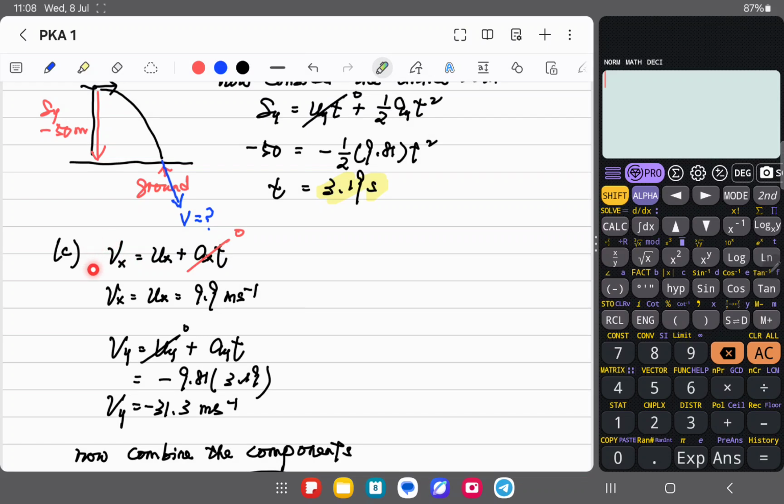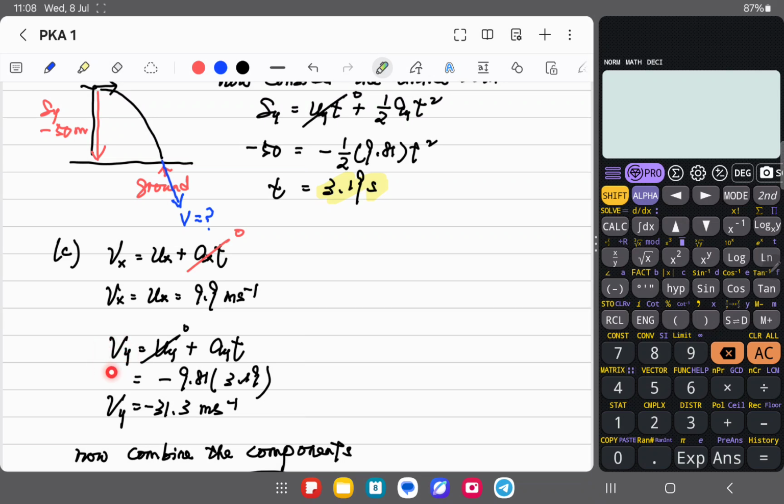I consider the x direction first. Because the acceleration along the x-axis is 0, I find that the velocity component Vx is equal to Ux, which is 9.9 meters per second.